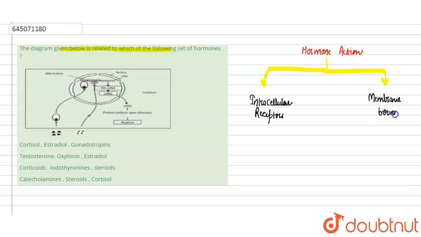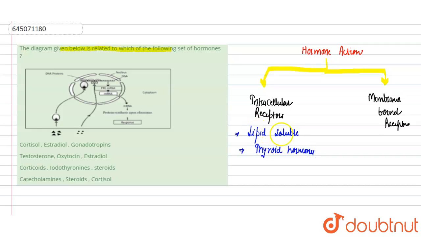There are 2 types of hormones which act via these 2 receptors. The hormones which are lipid soluble, which means they can cross the plasma membrane easily, act via intracellular receptors. The exception here is the thyroid hormones, thyroxine, which also act via intracellular receptors.